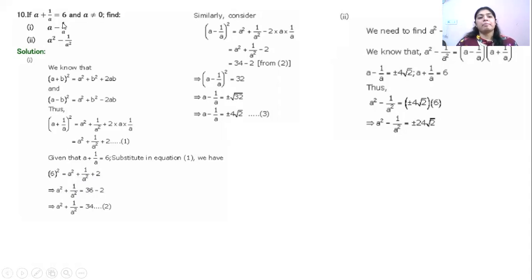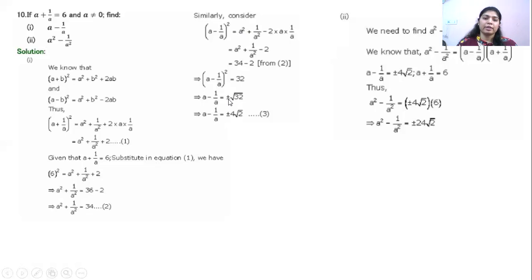Now for a − 1/a, we know that (a − 1/a)² is a² + 1/a² − 2. Apply the value of a² + 1/a², which is 34. So 34 − 2 gives you 32.